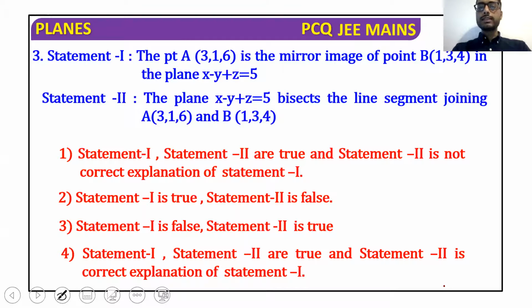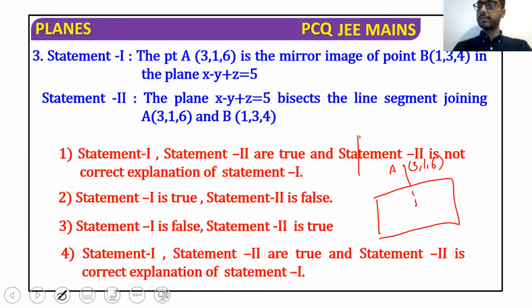Okay, let's read the statements. That point A is mirror image of point B in the plane, and the plane bisects the line segment A and B. Okay, so I'll draw a diagram so that it is a bit clear. Suppose this is my plane. This is my point A, which is having coordinates of 3, 1 and 6.